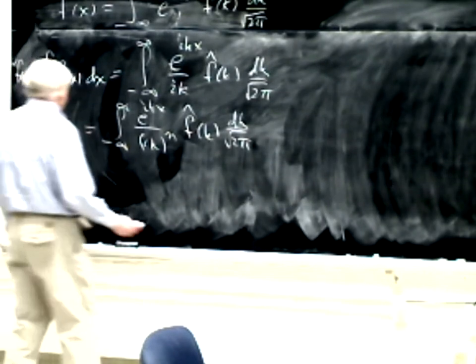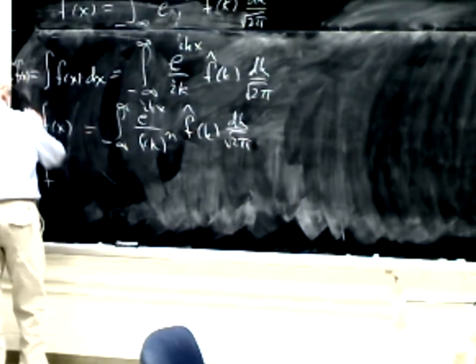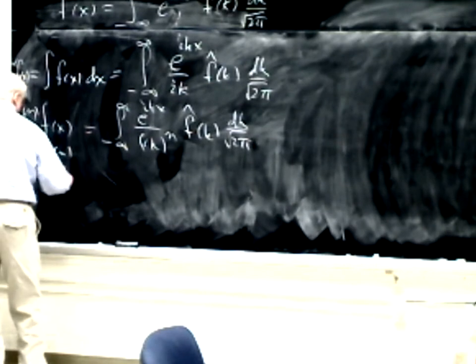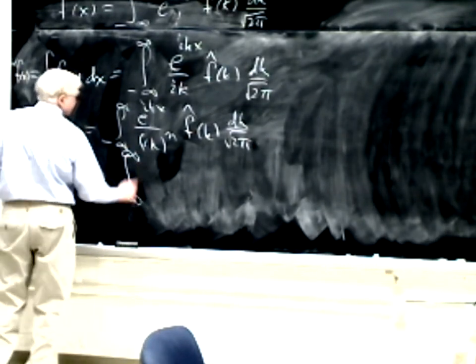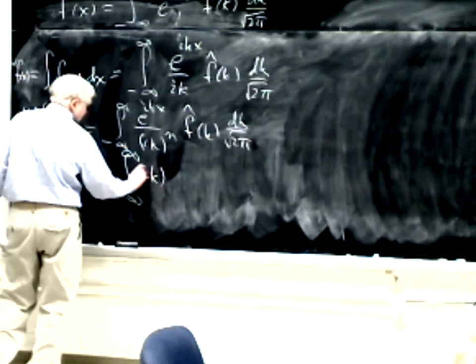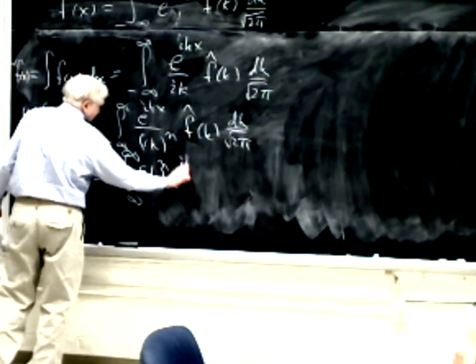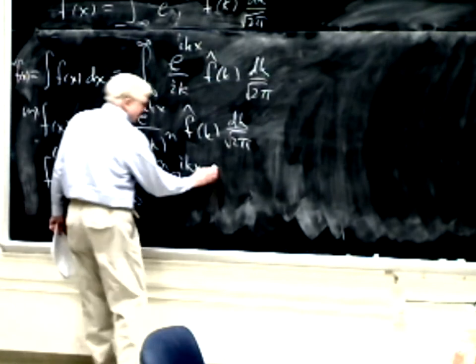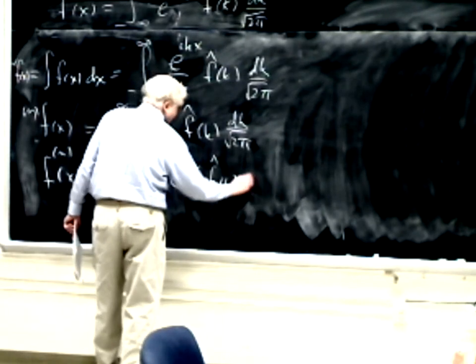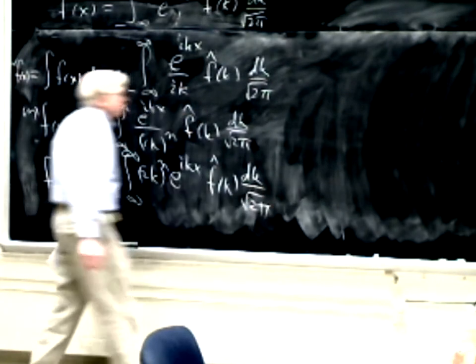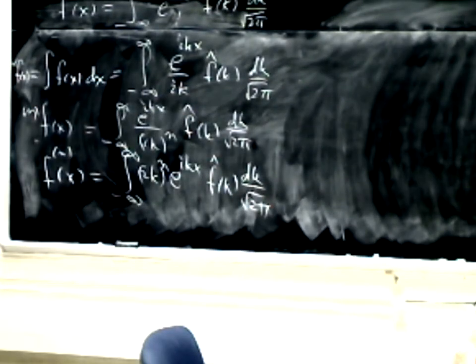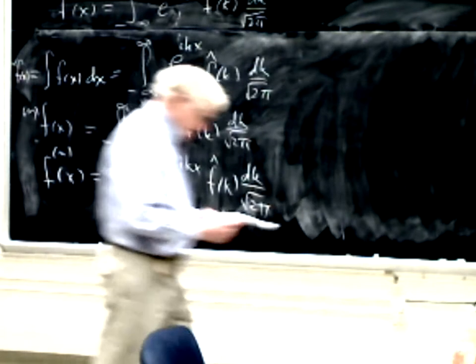Remember that the nth derivative of f of x is the integral from minus infinity to plus infinity of (ik) to the n e to the ikx f hat of k dk over root 2 pi. So these things are very easy to integrate and differentiate.